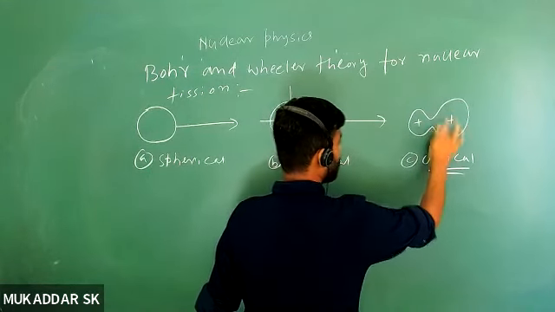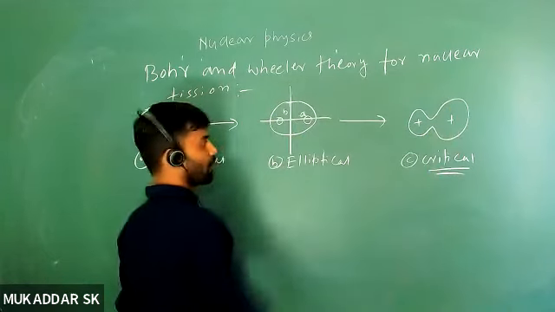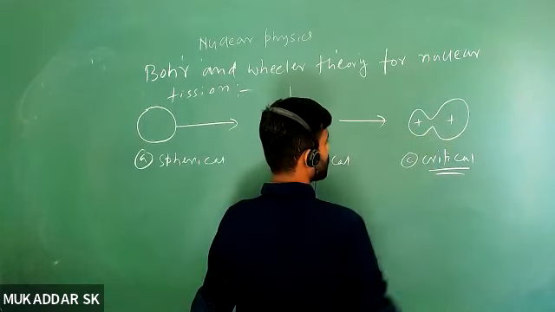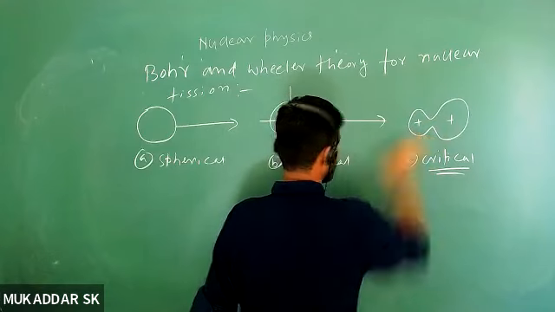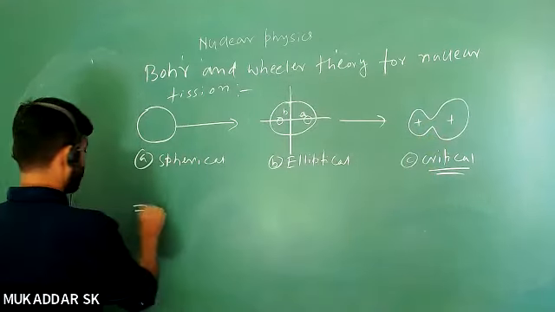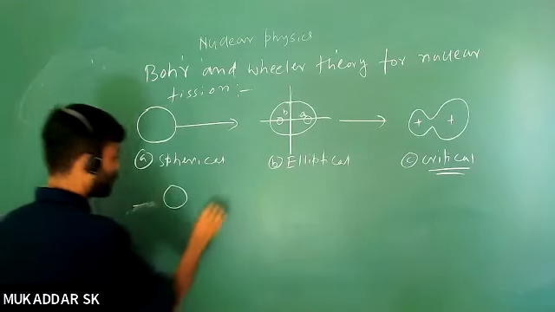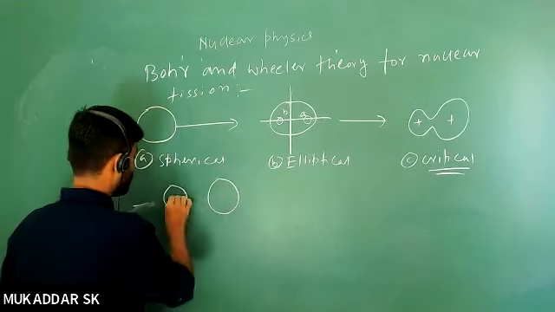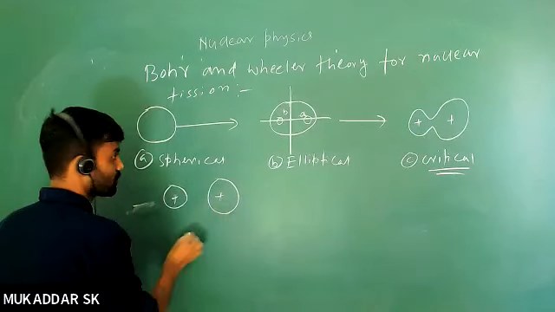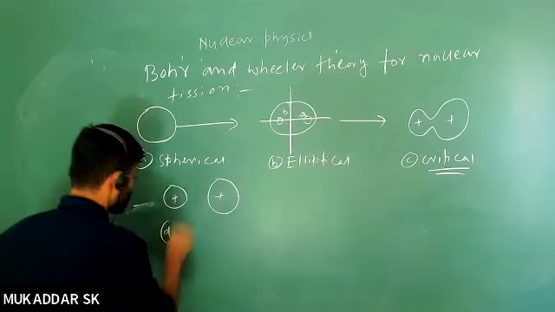Now, if Coulomb energy is large as compared to the surface tension or surface energy, then what will happen? It will separate into two nuclei. So if that Coulomb energy is large, then it will be separated into two nuclei. This state is known as separated.